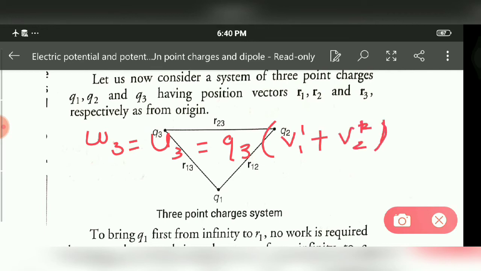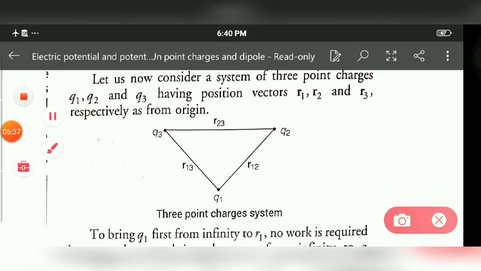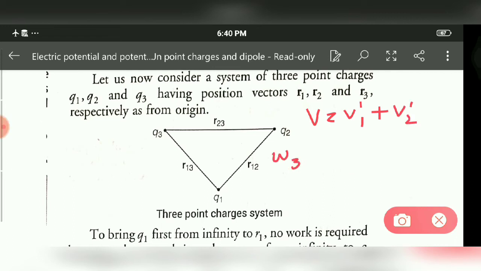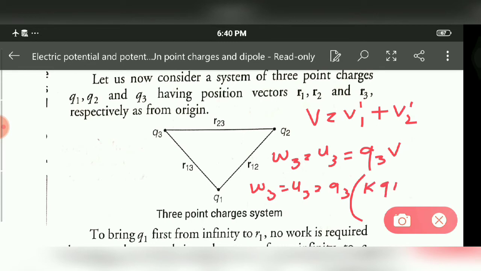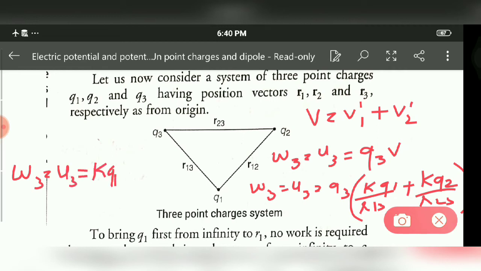So W3 or U3 is q3 into V, which equals k q1 q3 over r13 plus k q2 q3 over r23. So this is the work done for the third charge.